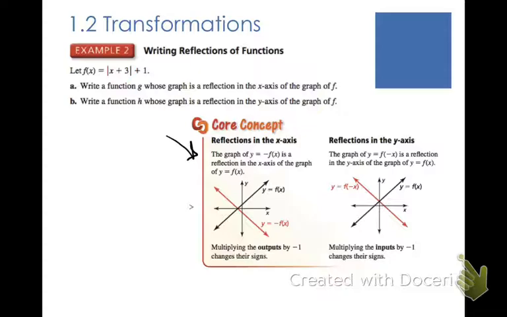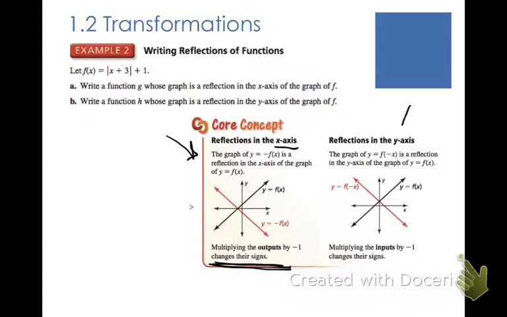So when the entire output, what y equals, or f of x equals, is negative, then you have a reflection in the x-axis. Here's a good statement of what to do for a reflection in the x-axis. You multiply all the output by negative 1, and that changes their signs.